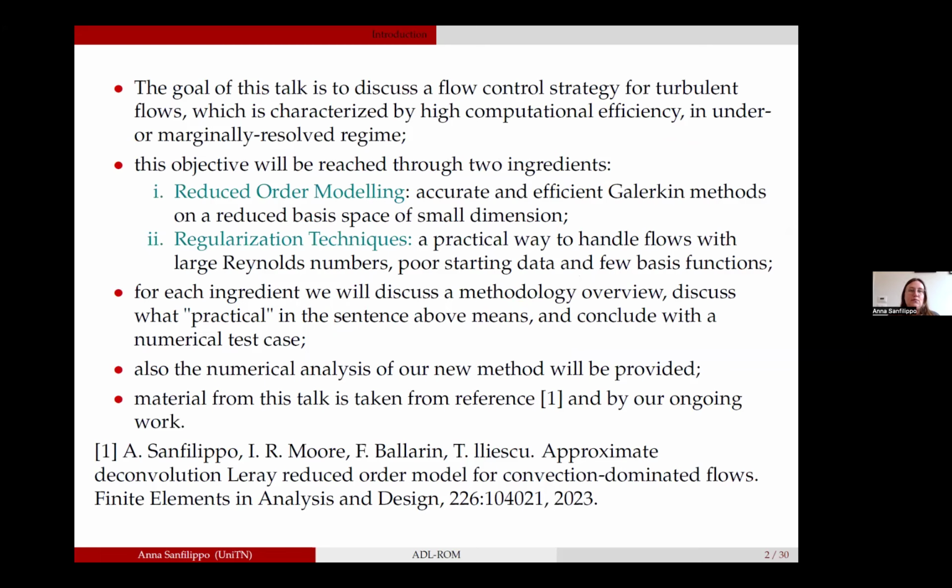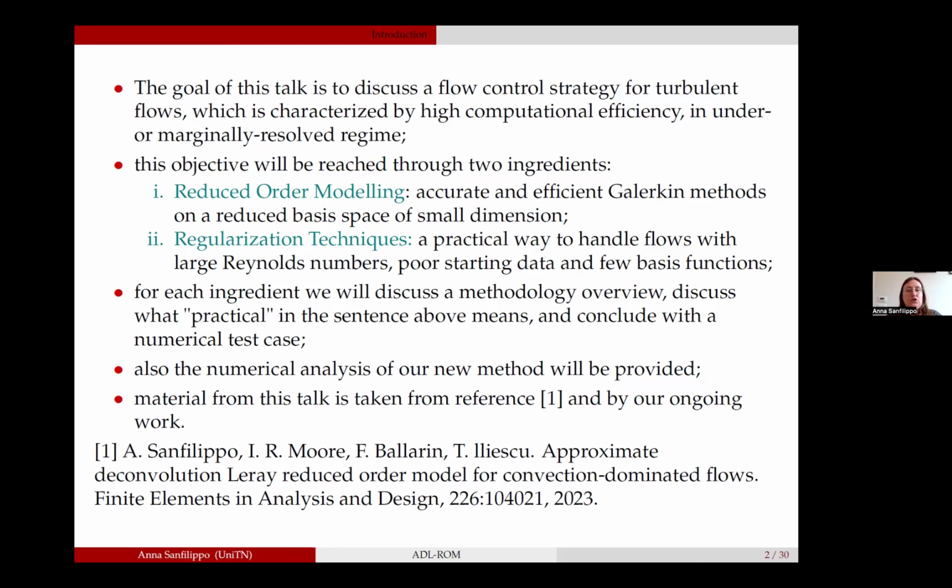This model is characterized by high computational efficiency, especially in under-resolved or marginally resolved regimes. That means when the dimension of the system related to the Navier-Stokes equations is too small to properly represent the behavior of the flow we want to study.